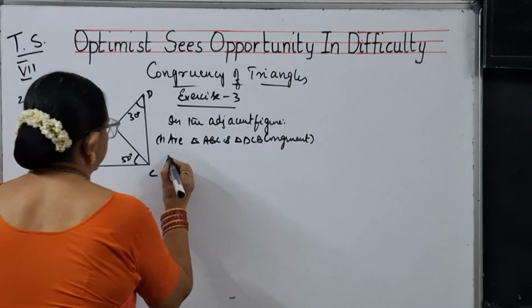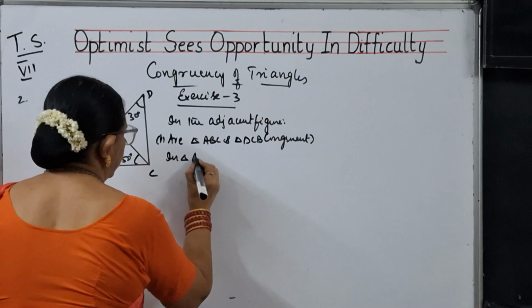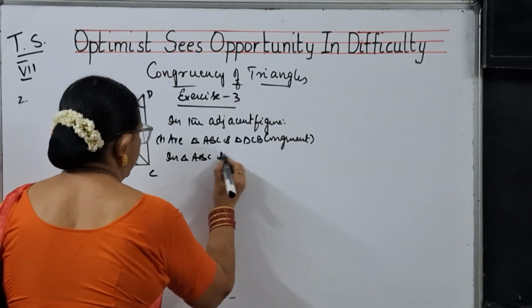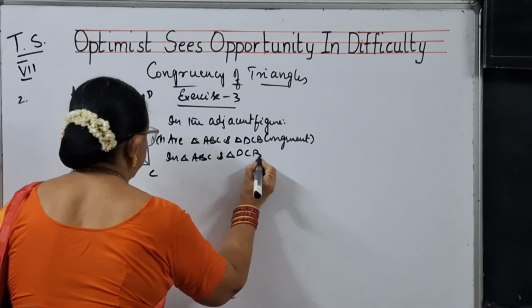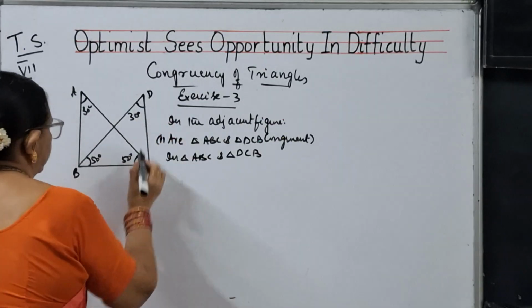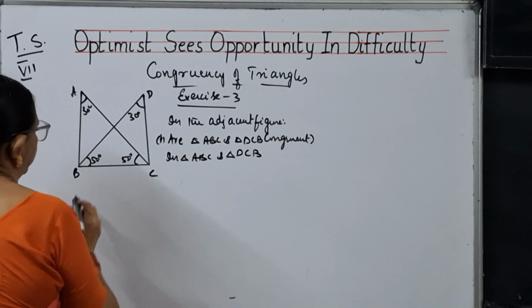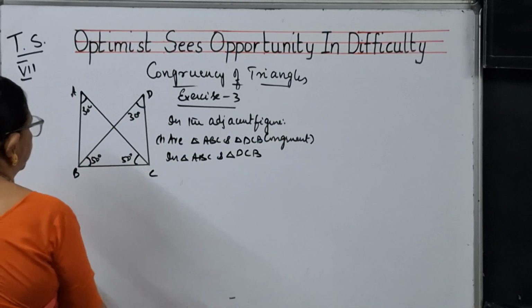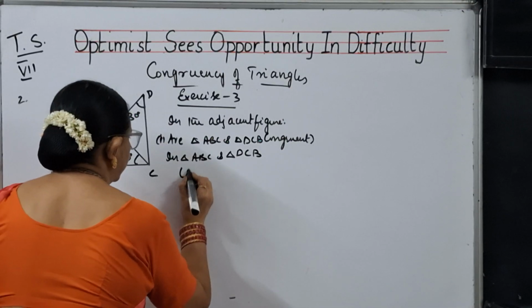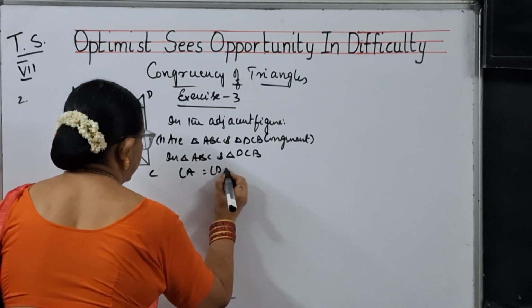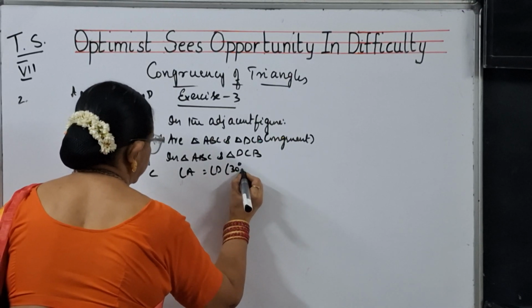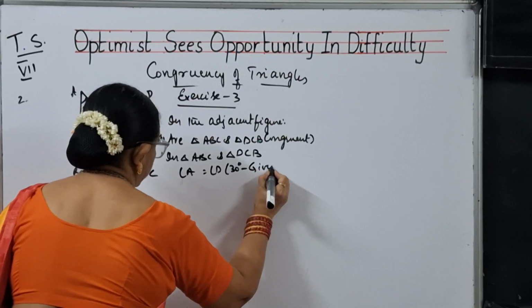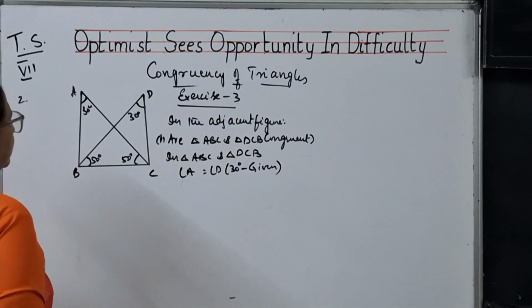See, let us take triangle ABC and triangle DCB. DCB is one triangle, ABC is one triangle. So angle A is equal to angle D, 30 degrees given. They have given to us, that is 30 degrees.